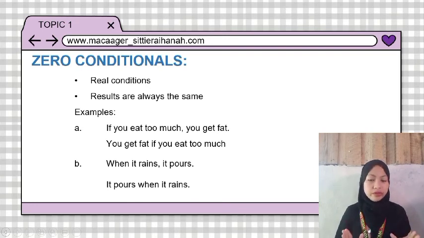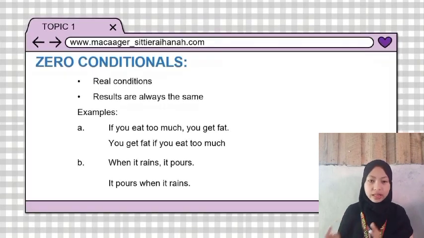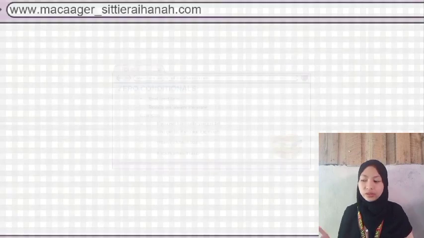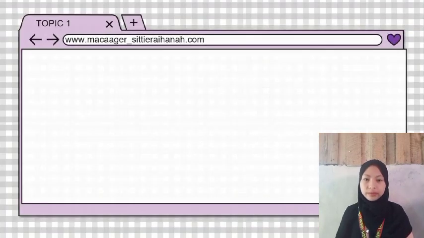If you put the if clause in the first part of the sentence, you have to put a comma. The same with the middle. And if you put the if clause at the end of the sentence, you don't need to put a comma. You just have to put a period there, in the last part.